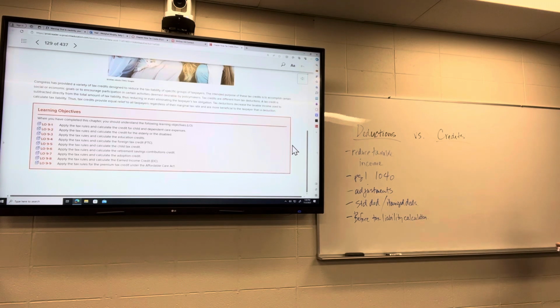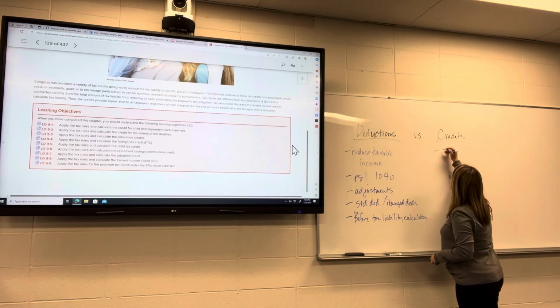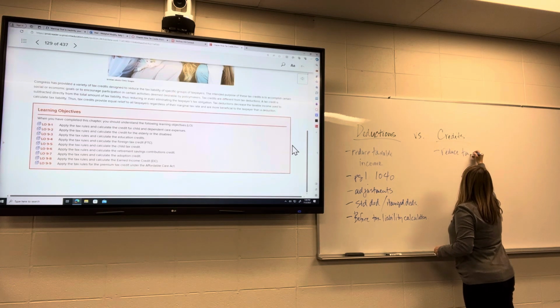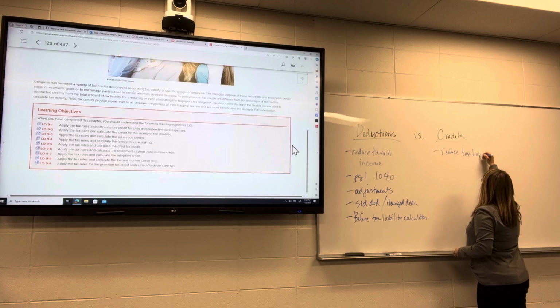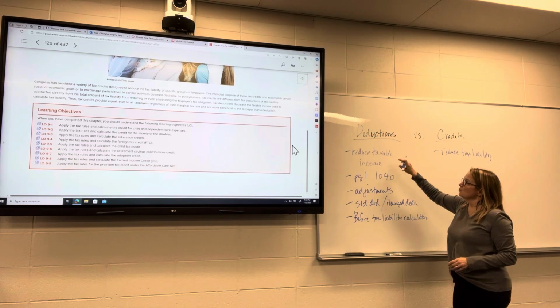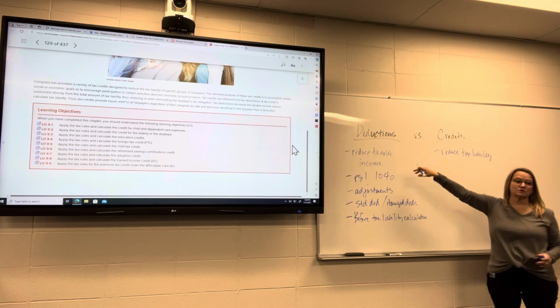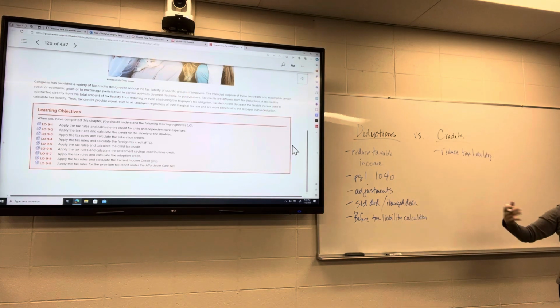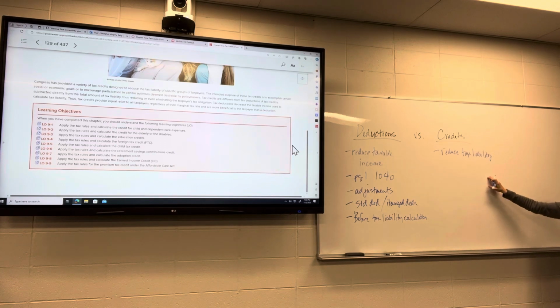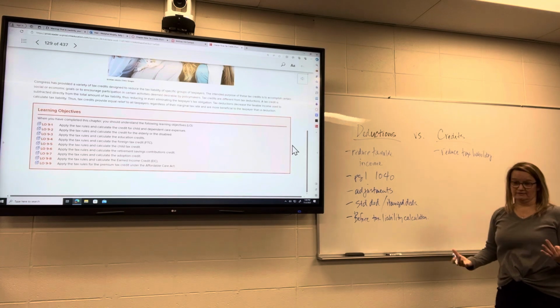Versus credits. Credits reduce our tax. Whereas the deductions are also going to result in a decreased tax liability, but it's only going to be a percentage of that, right?